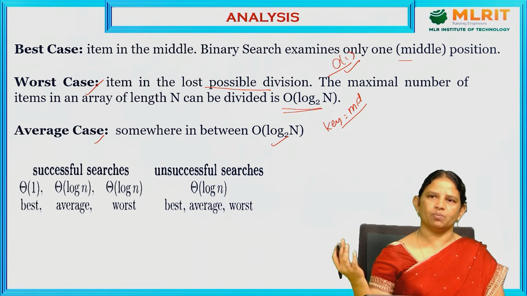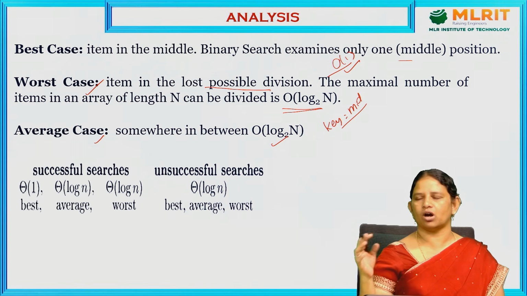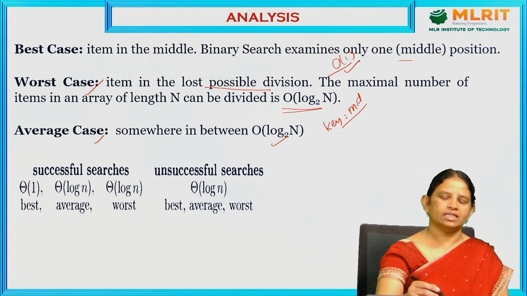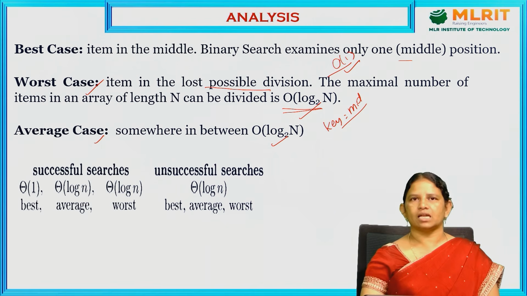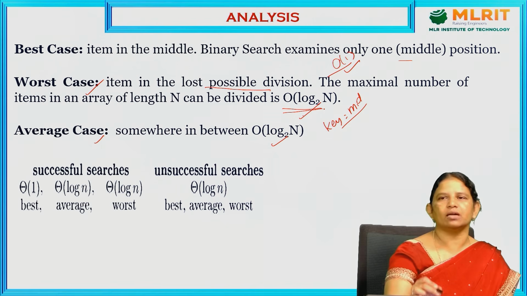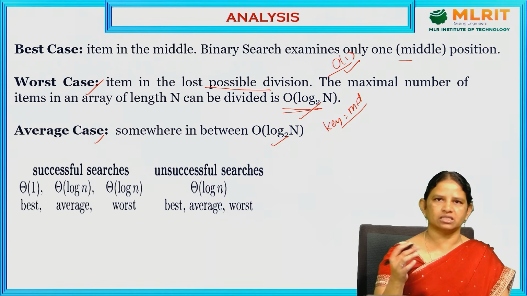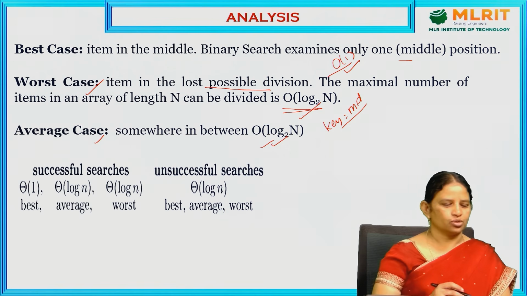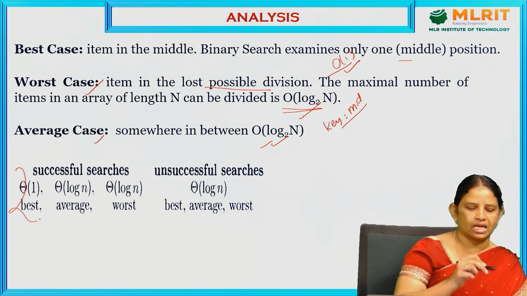In the worst case, the element is present at the last position or is not found, and we search from the first element to the last, so the time complexity is big O of log n base 2. The average case is also order of log n base 2. These three are called successful search, that means the element is found.